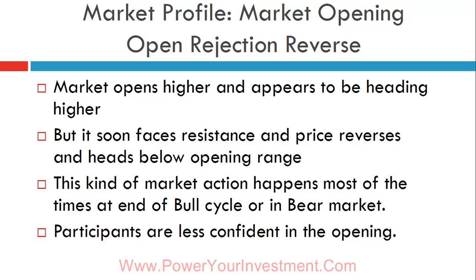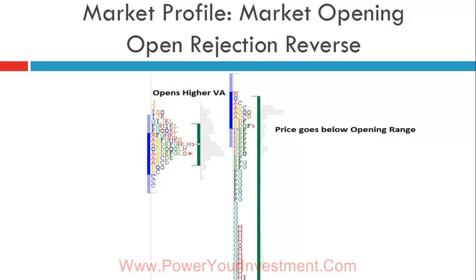The third could be that we could be in a bear market, let's say, where prices are trending consistently down, because this kind of opening happens in bear markets, not in bull markets. It's not that common. So let's see what happens.